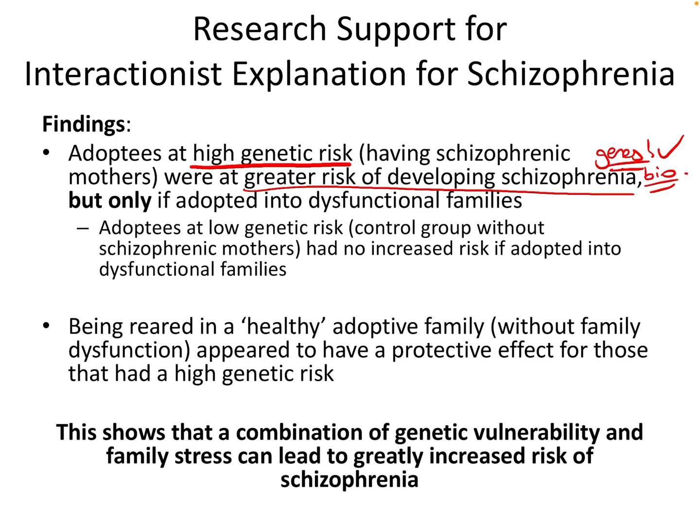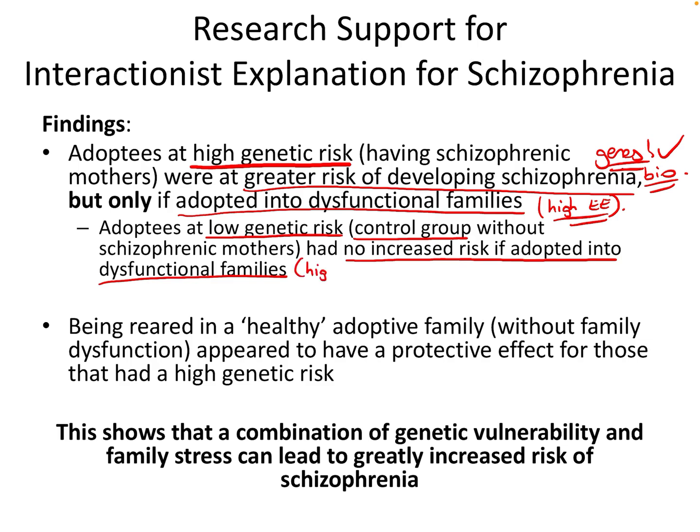However, this increased risk only manifested when those children were adopted into dysfunctional families, i.e. families that had high EE, high criticism, etc. Those adoptees who did not have schizophrenic mothers, so the matched control group, so those that had low genetic risk, had no increased risk even if they were adopted into those dysfunctional families that demonstrated high EE.